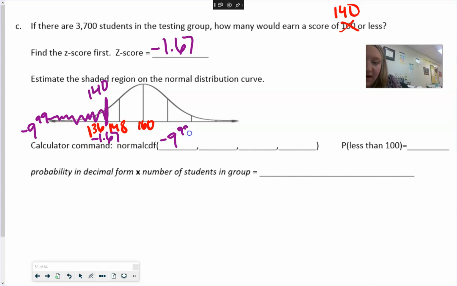So negative infinity up to a z-score of negative 1.67, and we always use 0, 1. All right, so like this. Then we push enter. All of our screens should look the same. Push enter one more time, and we should have a probability of about 0.0478.